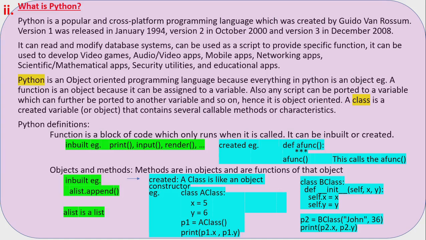Some examples of the inbuilt functions are the print function, the input function, the render function, and many more. For instance, the print function will create a display on our terminal or wherever we want it to be displayed.